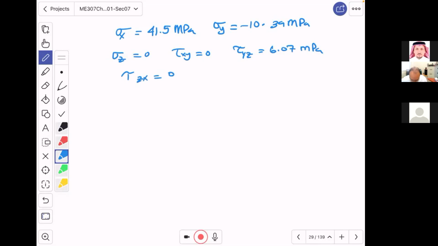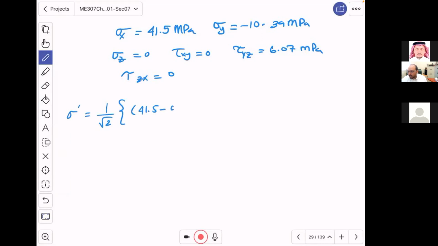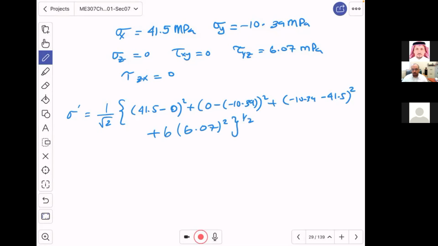Okay, so what do we do with all of this? We say sigma prime is equal to 1 over the square root of 2, times the square root of: sigma x, which is 41.5, minus sigma y, which is minus 10.39, squared, plus sigma y minus sigma z squared, plus sigma z minus sigma x squared, plus 6 multiplied by the only shear we have, which is 6.07 squared.